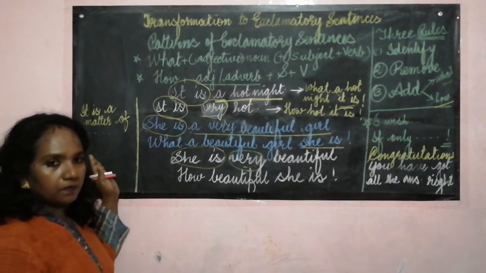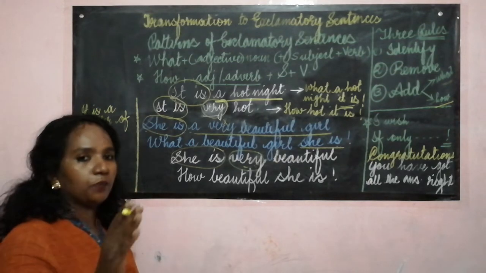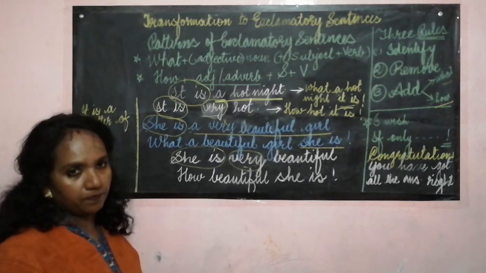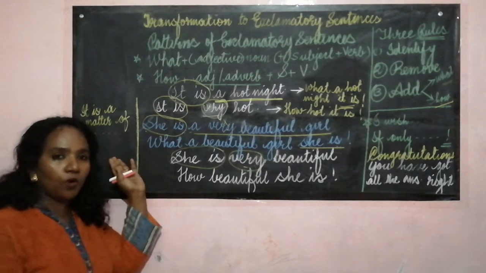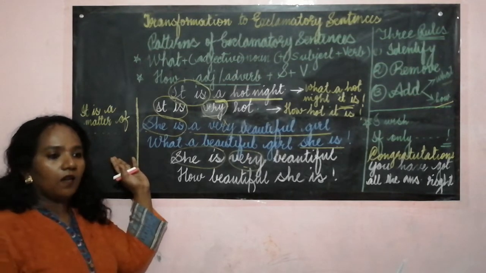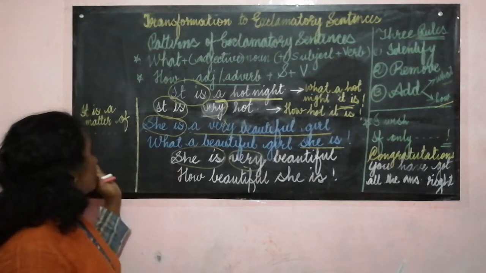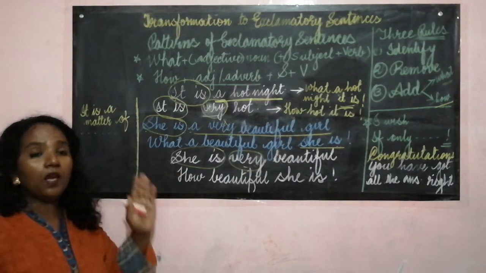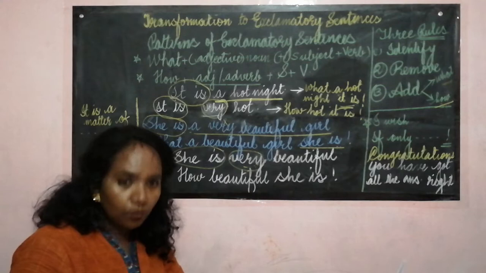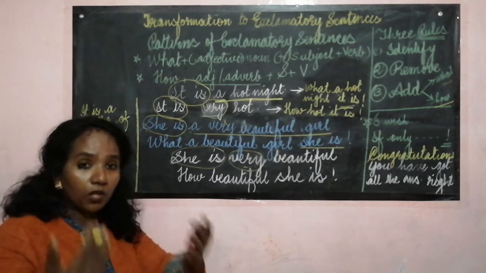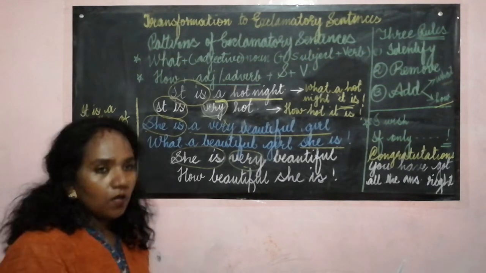Shame! You have treated a poor man like that. It is a matter of great joy. Our holidays are getting extended. Hooray! We have got more holidays. Hooray! We have got our holidays extended.